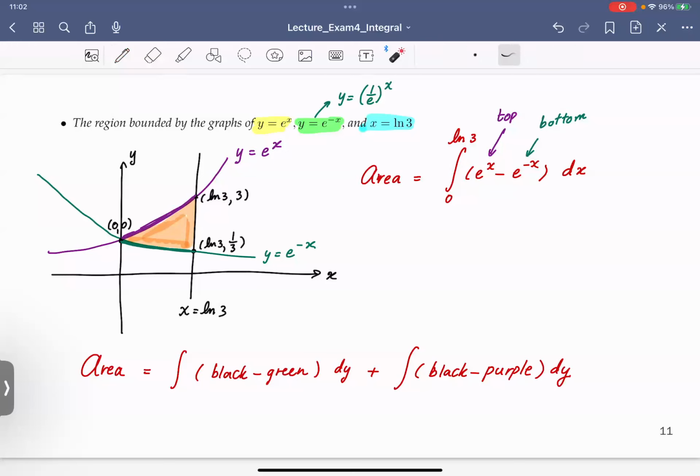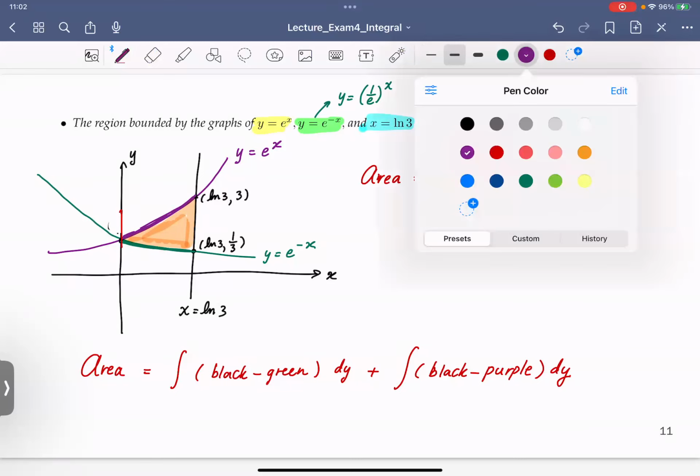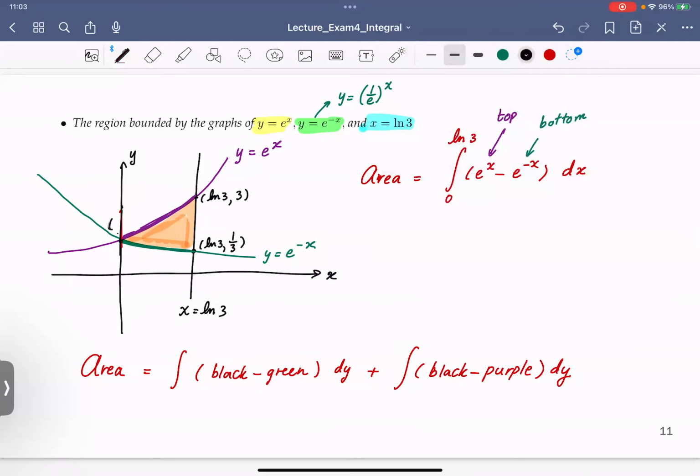So you can see black minus green, black minus green. Oh, sorry, this is not 0, 0. This is 0, 1. Okay, so the first piece is y from 1/3 to 1, and then 1 to 3, right?